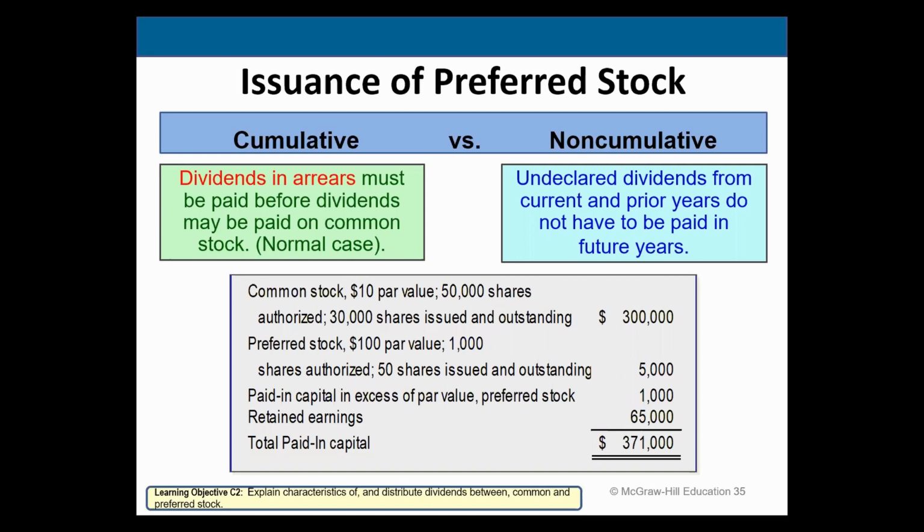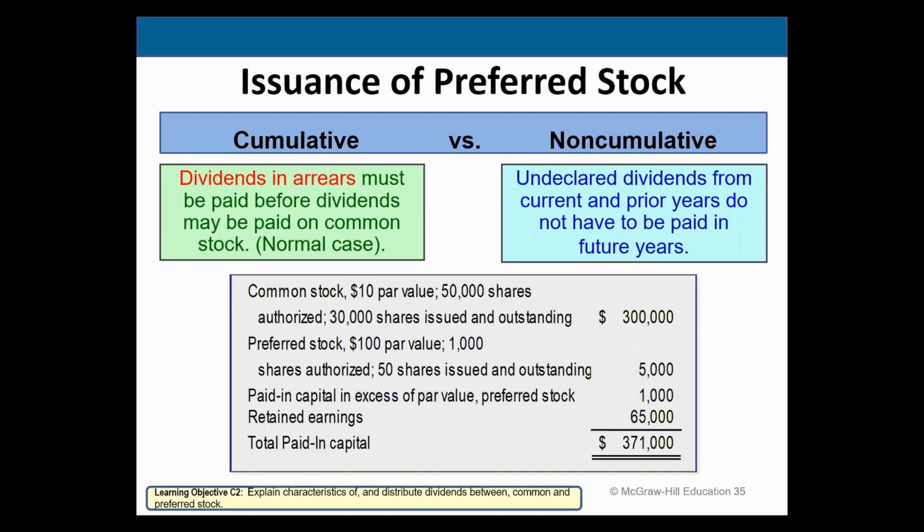Most preferred stocks carry a cumulative dividend right. Cumulative preferred stock gives its owners a right to be paid both the current and all prior periods' unpaid dividends before any dividend is paid to common stockholders.